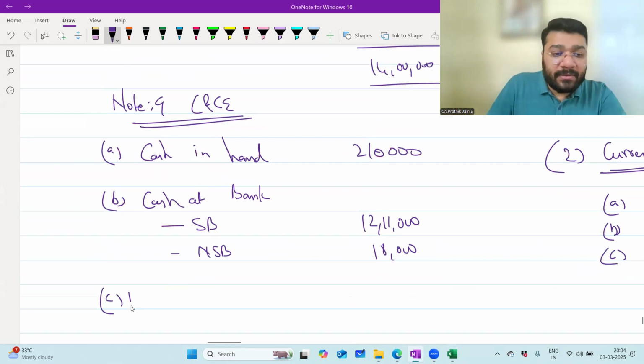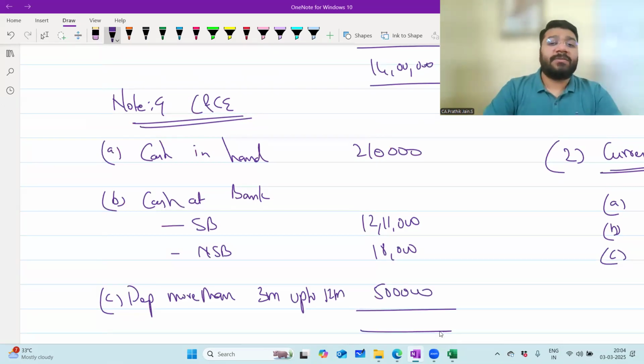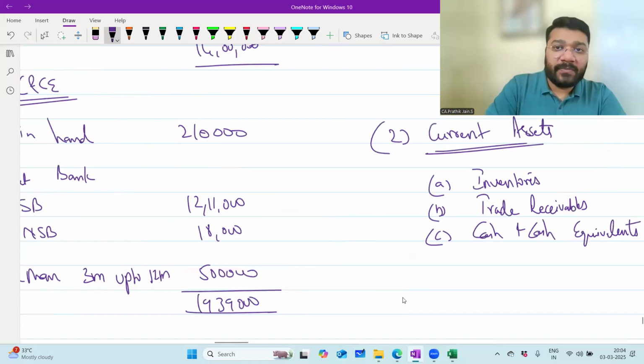In category C, deposit more than 3 months up to 12 months. How much? 5 lakhs. Total, please. 19 lakh 39,000.